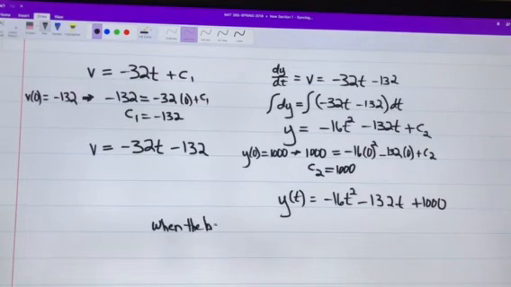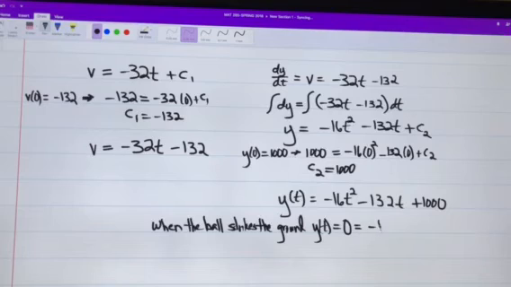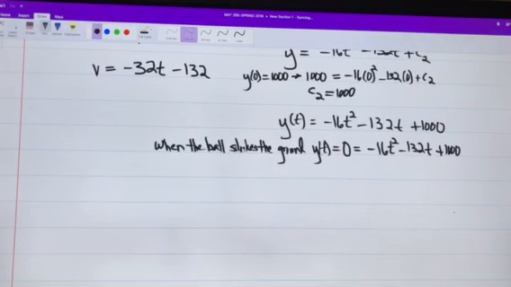Whenever the ball strikes the ground, y of t is equal to 0, so we have negative 16t squared minus 132t plus 1,000, and we have even number coefficients throughout.